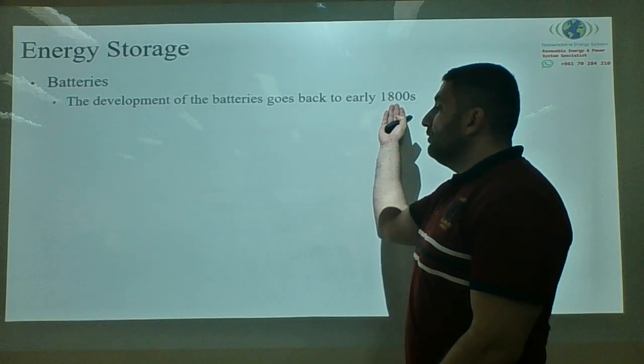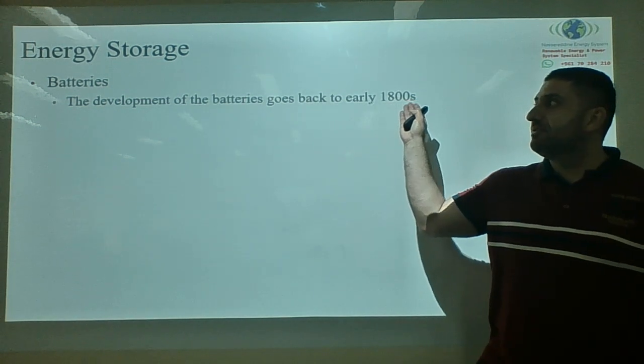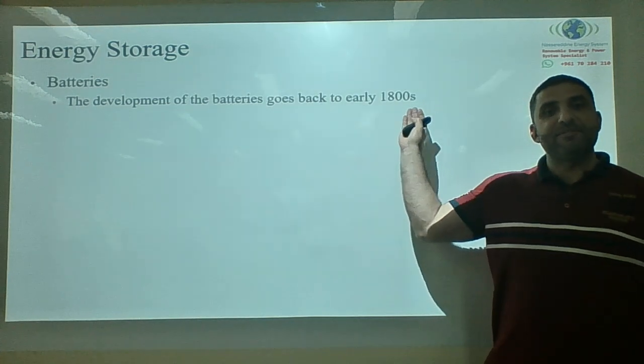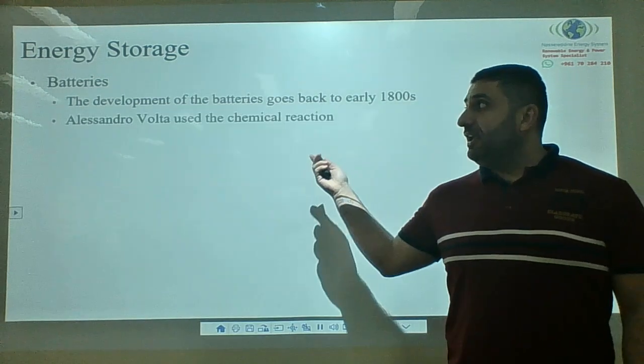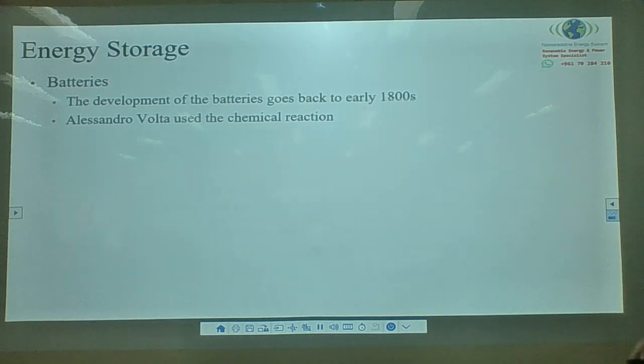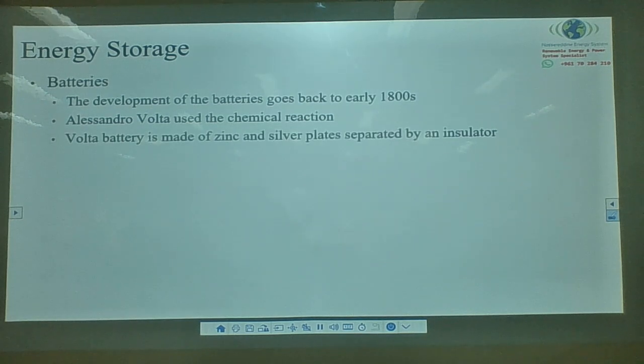Batteries, that's where our core subject is. Batteries, it's not new. Early 1800s, Mr. Volta, we're going to go through it now. Early on, Mr. Volta used a chemical reaction.